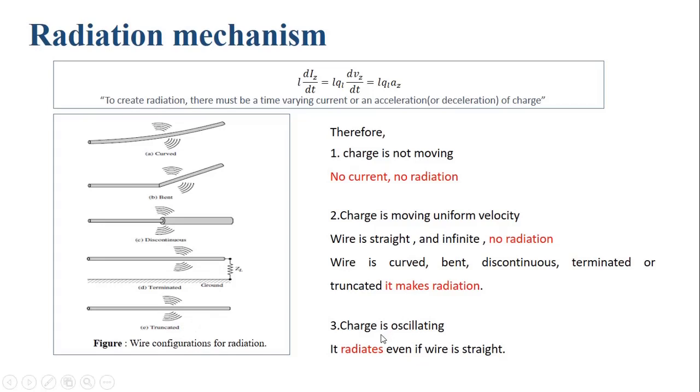The third thing is if the charge is oscillating. As I said, if the charge is accelerating, even if the wire is straight, it will radiate. So these are the conclusions that we have made from whatever we have discussed till now.